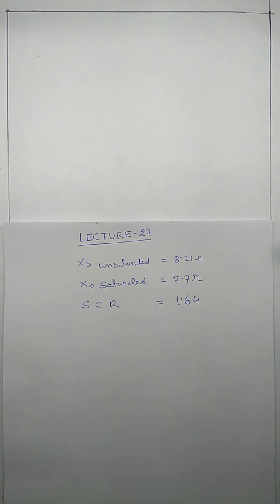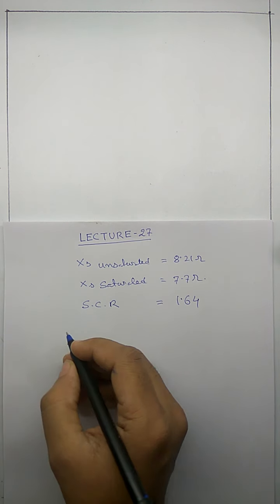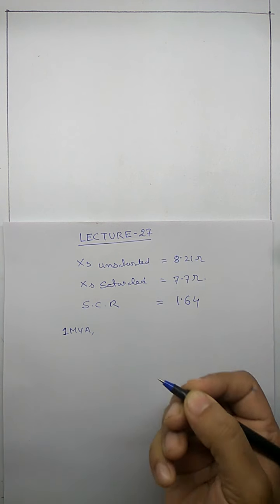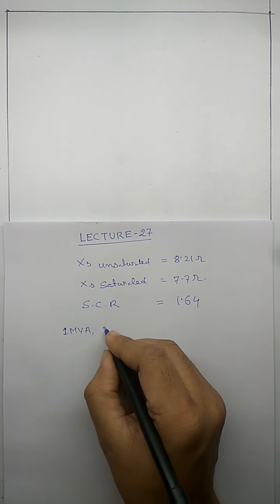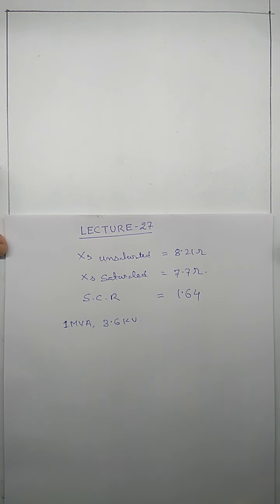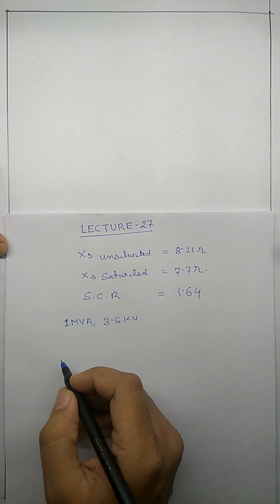Now, the fourth part of the question was to determine the excitation voltage needed to give rated voltage at full load 0.8 power factor lagging using adjusted synchronous reactance. Here the rating of the machine is 1 MVA and the rated voltage is 3.6 kV. So from these two pieces of information we can find the value of the current.